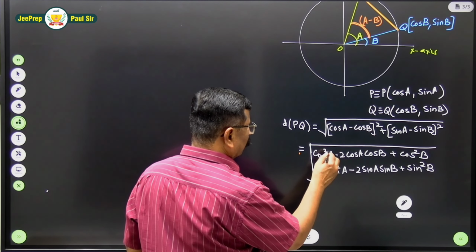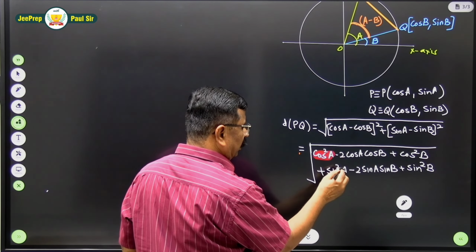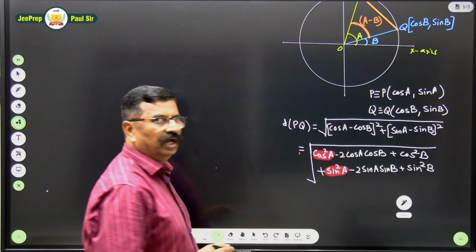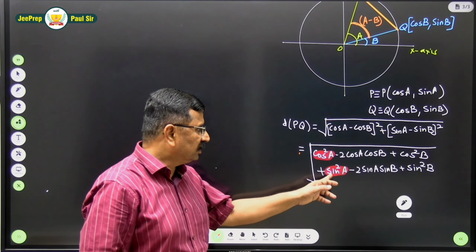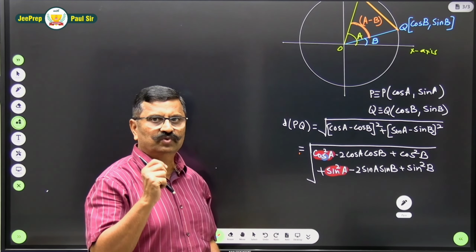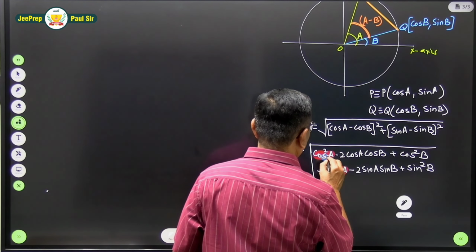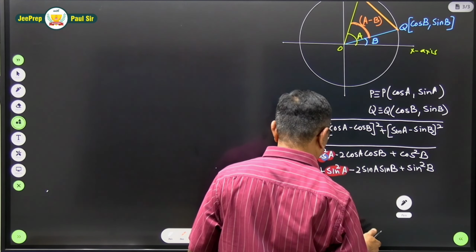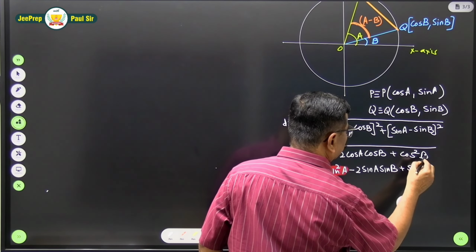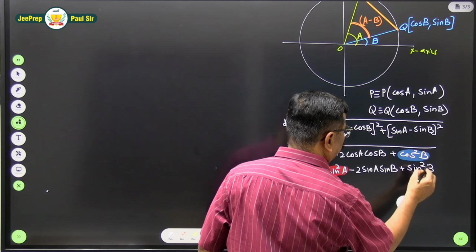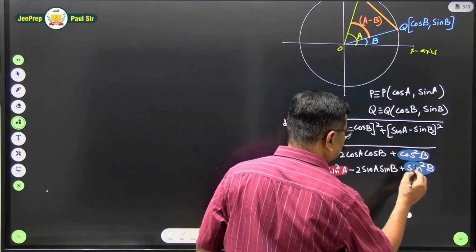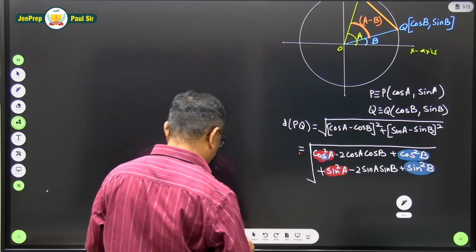See here, this is cos square A and this is sin square A. I will take them together because sin square theta plus cos square theta is 1, meaning sin square A plus cos square A is 1. And here we will take cos square B and sin square B together.